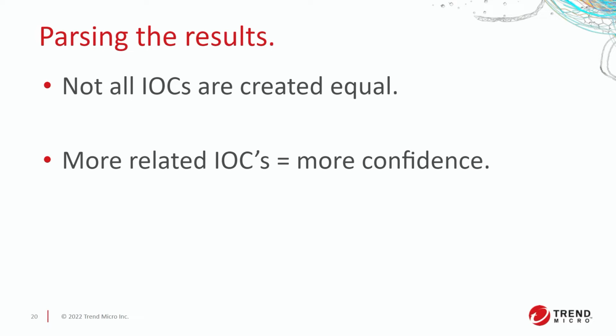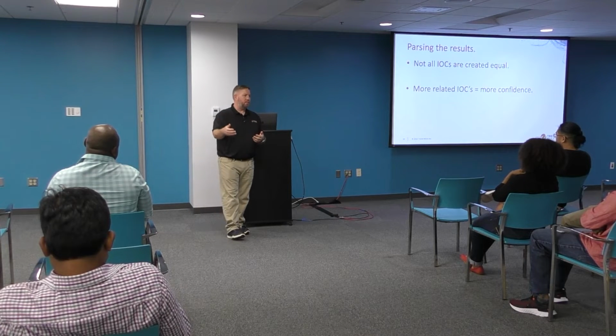So I've gone out, I've done my search, I've gotten all of my data back. Now what? It's not always as simple as, okay, I got a positive hit, I got a problem. Maybe. Not all IOCs are created equal. Remember I talked earlier about the hash values and the domain names.